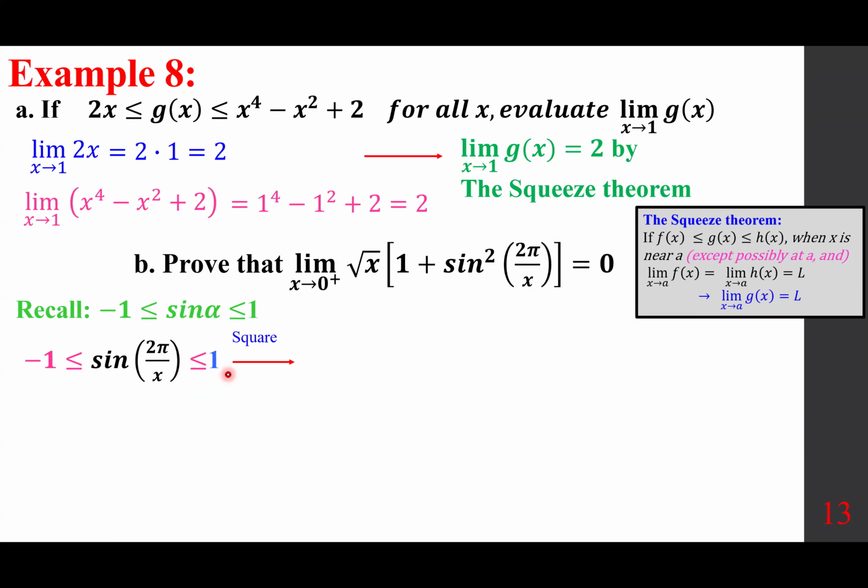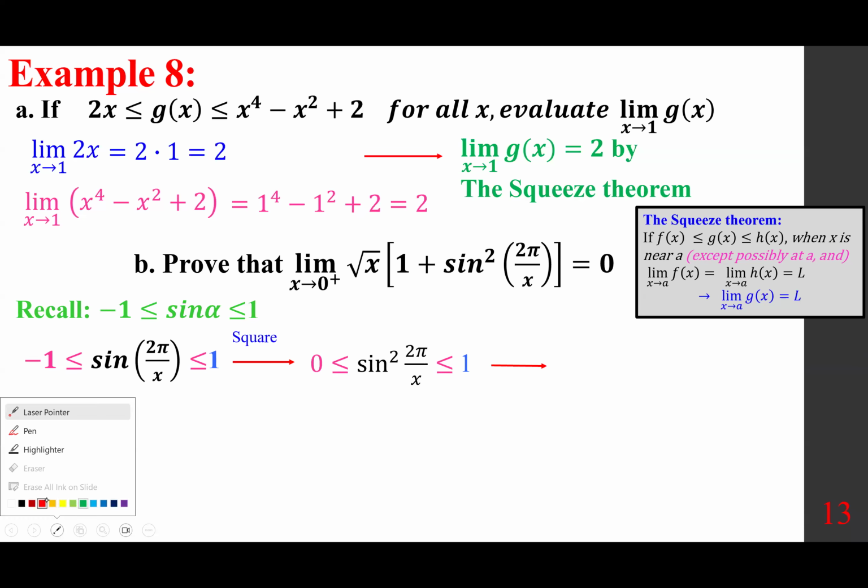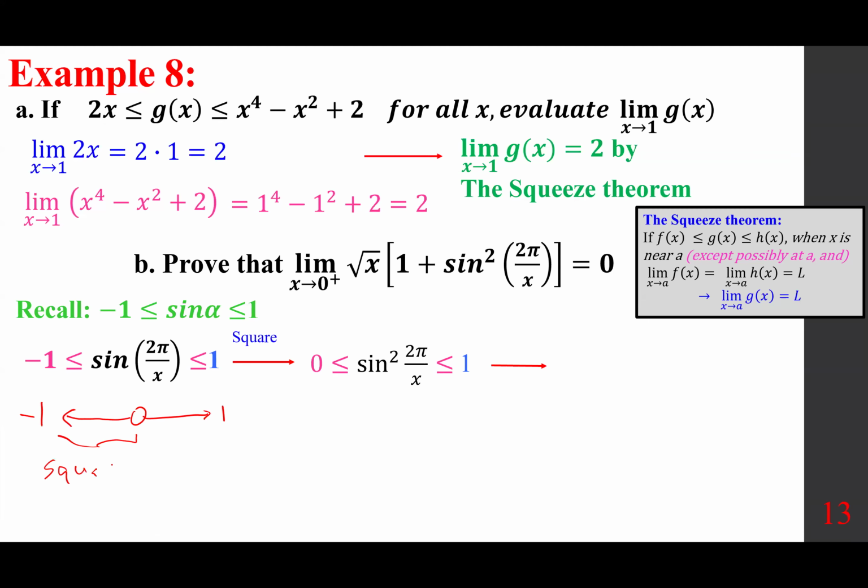And when we square this one, we get 1, but on the left side we write 0. And why do we write 0? Because, class, from 0 to number 1 and from 0 to -1, this area, when you square it, is the same as this area when you square it, because they both become positive. But 0 is included.